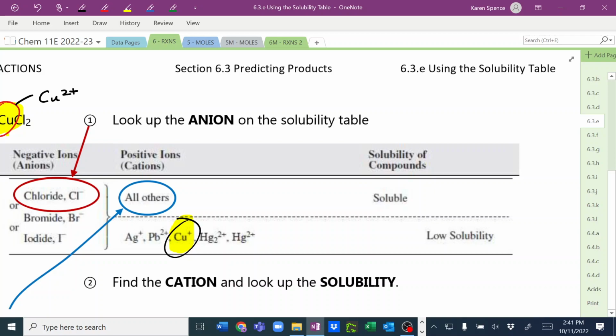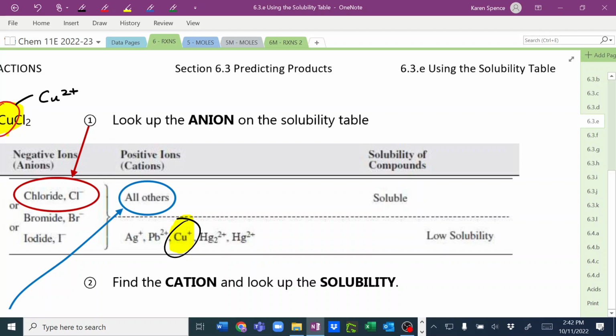Otherwise, they will simply tell you a precipitate of blah, blah, blah forms, and you'll know it's a solid. They used to, back when I started teaching this, make you memorize a whole bunch of solubility rules. You really don't need to do that anymore. You need to recognize a few very simple, always soluble ones, and the rest of them, they'll just let you know if it's a solid or not.